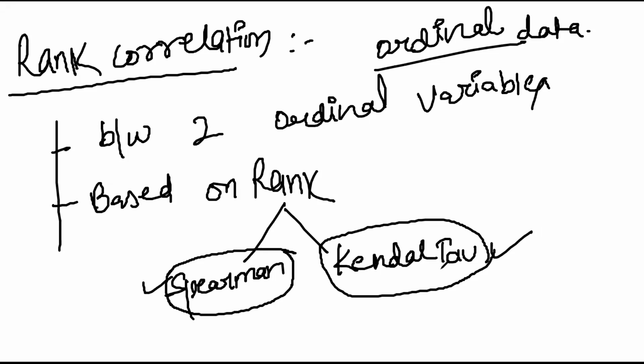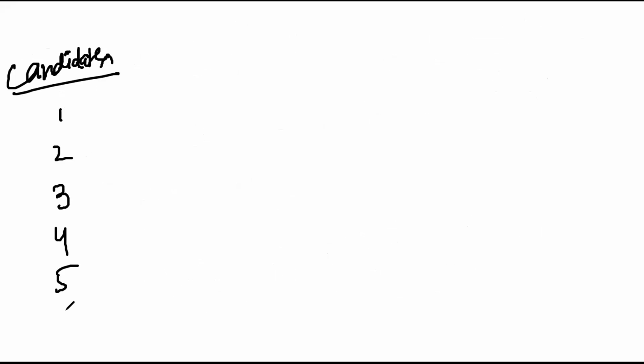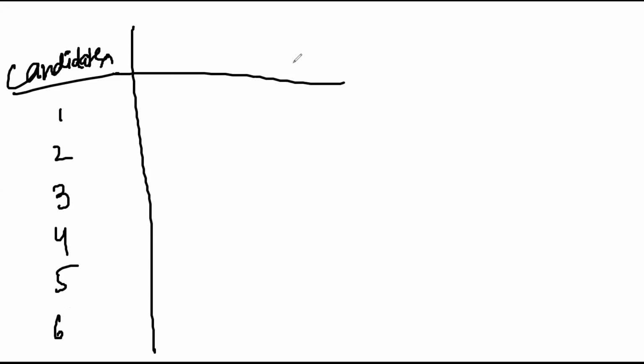So first, let's take an example on this rank correlation. You can take a few candidates. I can assume that there are six candidates, 1, 2, 3, 4, 5 and 6. They performed in a school or on any platform, and there were two judges.